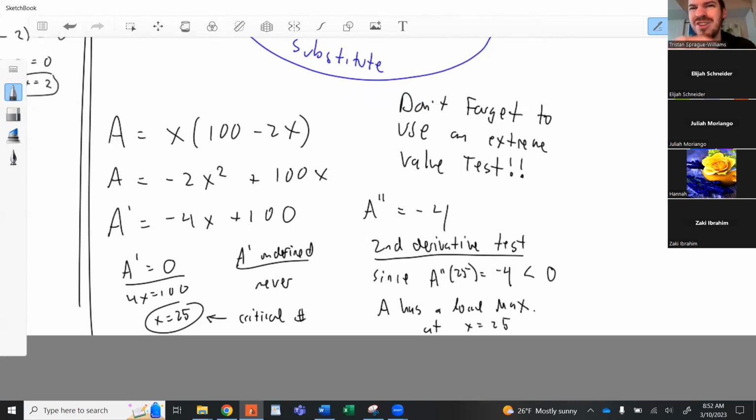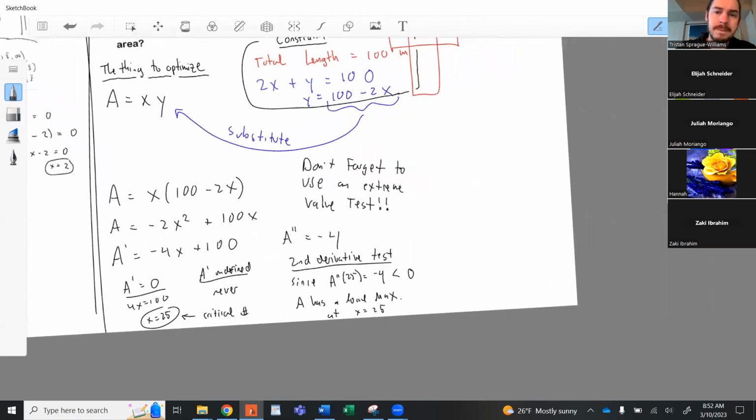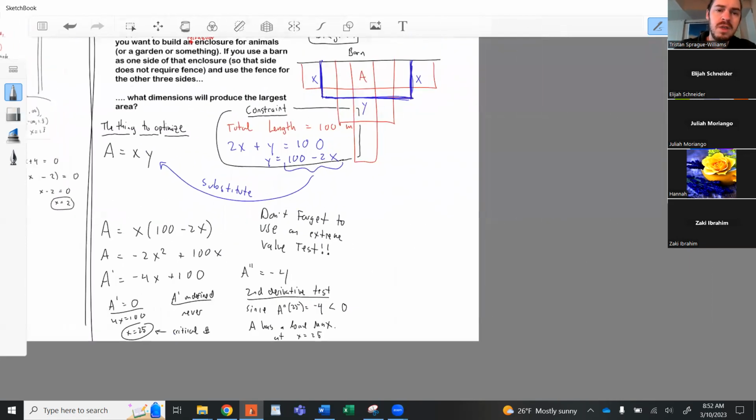Our second derivative is a constant, which is nice. It's always negative 4. So there was a theorem a little while ago I showed you that said that if there's only one critical number and it's a local extreme, it's also an absolute extreme. So this is also the absolute maximum.